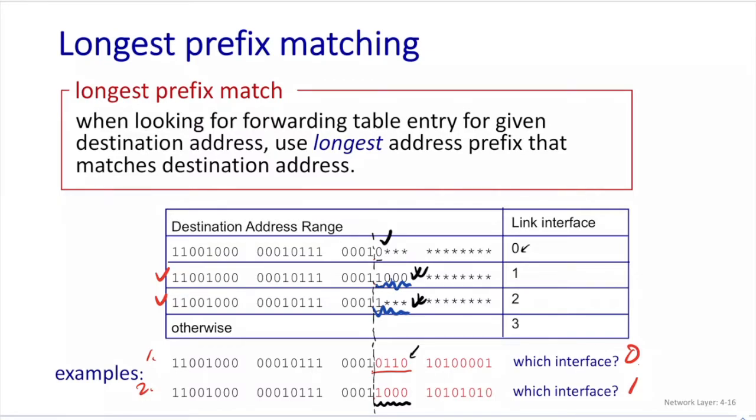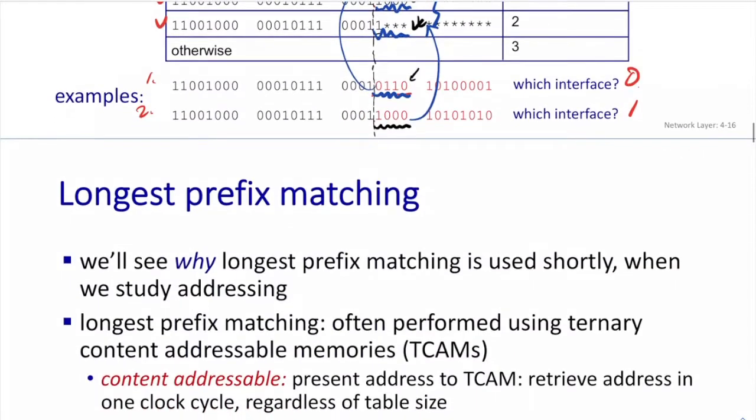You simply forward this packet according to the longest prefix rule, which is, oh sorry, that is 011. That should go to link interface number 0, and these 2 will match the second and third rules. But you simply choose link interface number 1 because it has a longer prefix match. Okay, this is quite simple. That is just some explanation.